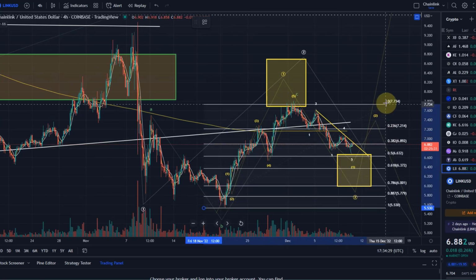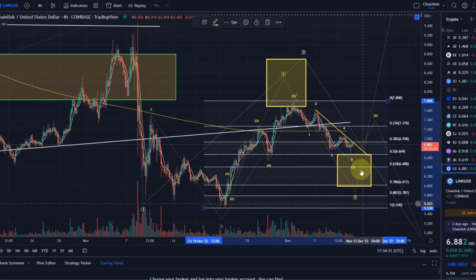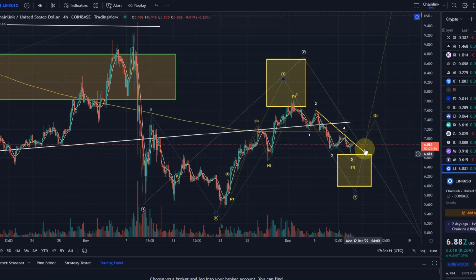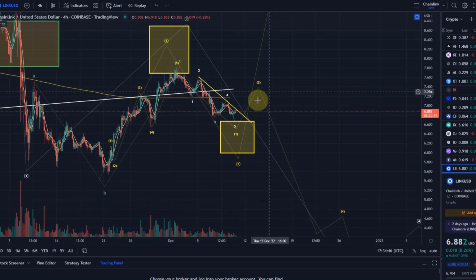This reversal area was based on the 78.6% FIB level and the 50% FIB level between $6.67 and $6, and I told you yesterday that I would expect ideally the price to get into this area, or at least touch it, in both scenarios that we have on the chart.